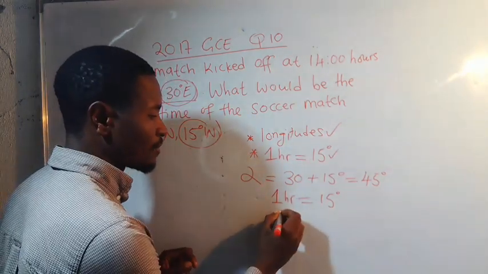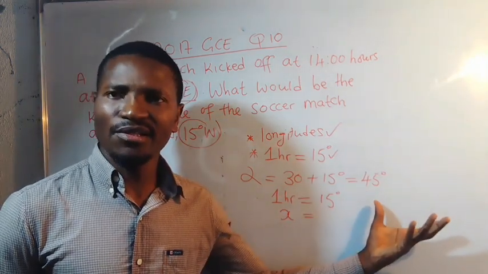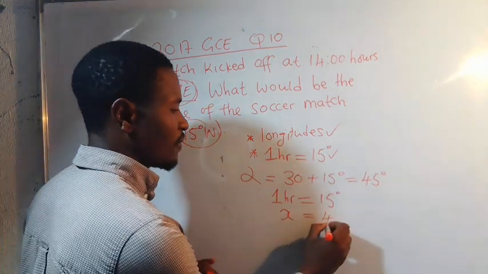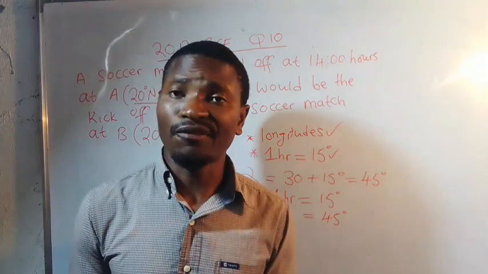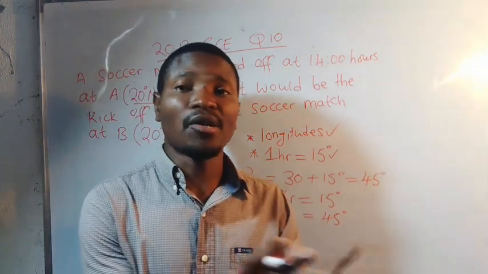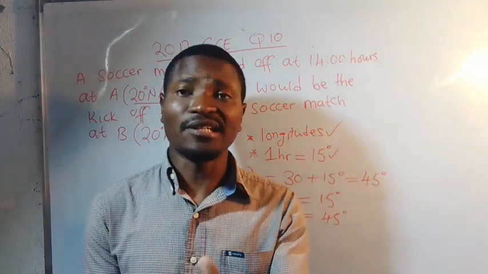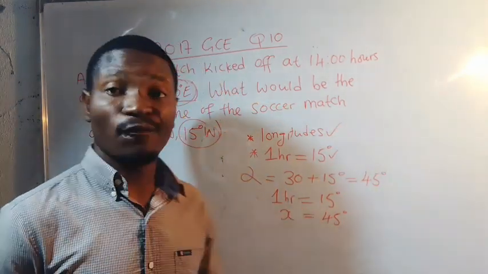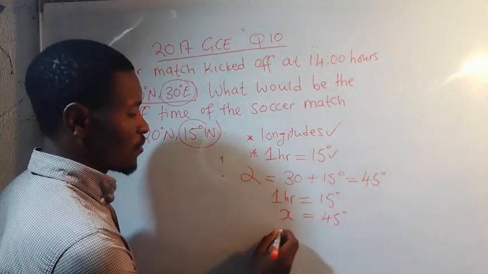Now, what about in 45 degrees? We can now cross multiply: 15 by x, we're going to have 15x, and 1 by 45, you're going to have 45.